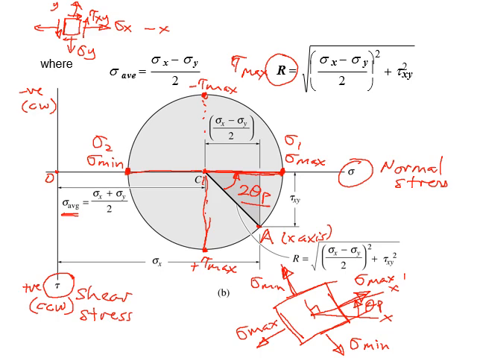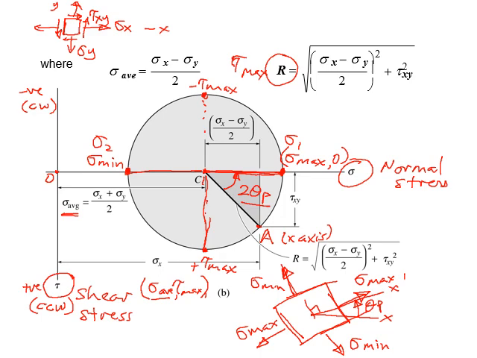Now if you look at the coordinate of this point, the coordinate is tau max, and then you also have sigma average. So that gives you the coordinate of that point. Okay, so it's not 0, it is sigma average for the normal stress. Whereas the coordinate for this point is sigma max, and 0 if you are looking at the coordinate for the point. And that 0 is the shear stress.